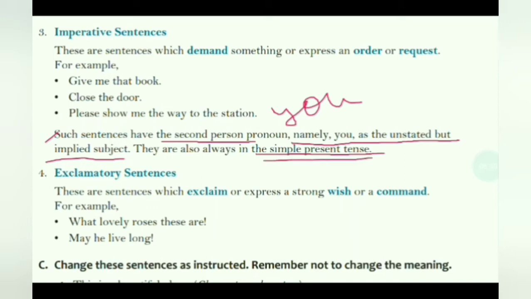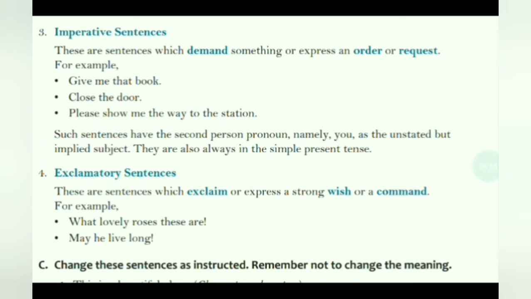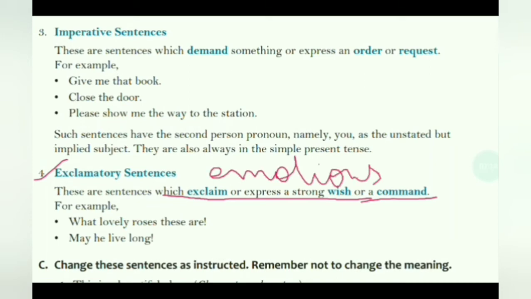Clear? The next kind of sentence is exclamatory sentences. Exclamatory sentences are those sentences which exclaim or express a strong wish or feeling. Through these kinds of sentences, we can express our emotions or feelings.